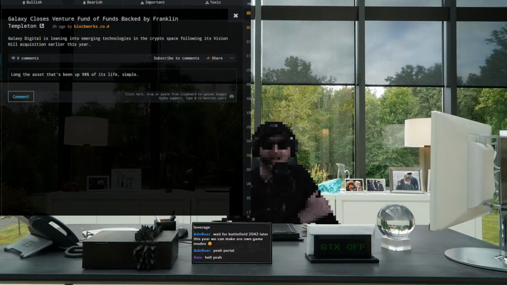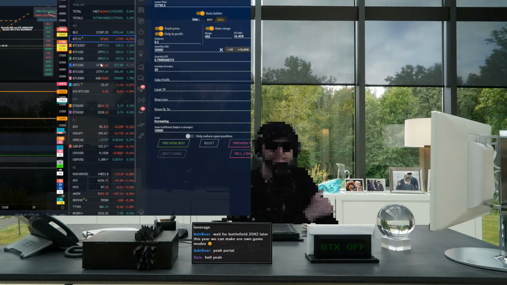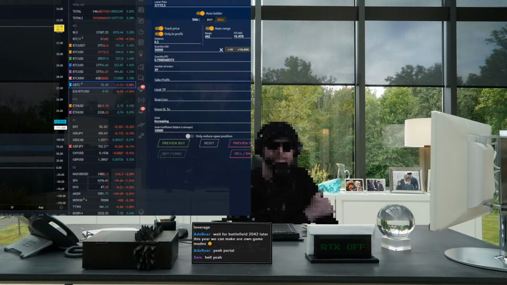By the way, Grayscale Bitcoin Trust. That's funny.